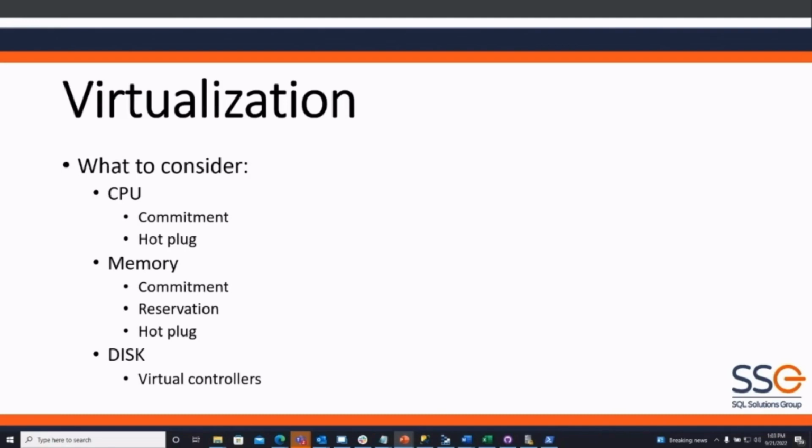The storage is seeing nothing. All we did was change it to paravirtual SCSI, spread it out across multiple controllers, and format the drive 64K instead of 4K, and the latency issues disappeared, right? So you really need to make sure that your SQL Server virtual machines are designed for SQL Server at the hypervisor level.